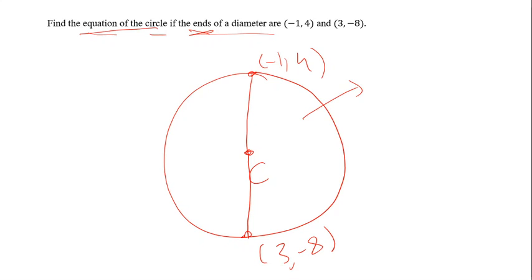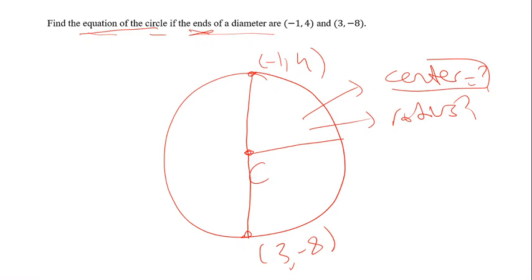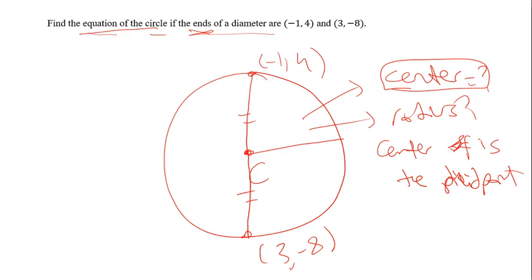So for the equation of the circle, we need the center and we need the radius. The first thing I can say is that the center is just the midpoint of the diameter. The center is the midpoint of the diameter. So then we can write the midpoint formula.